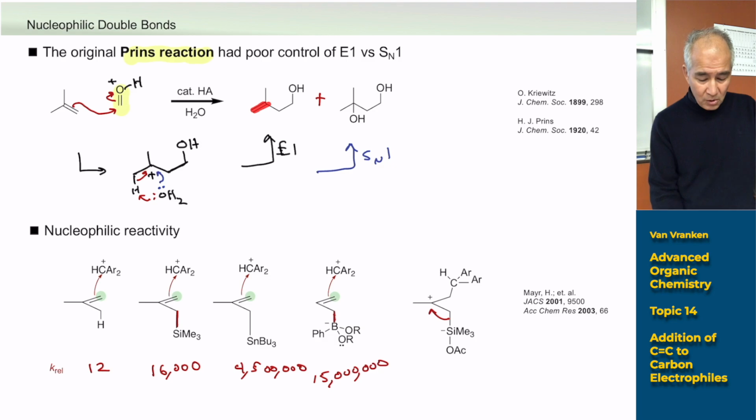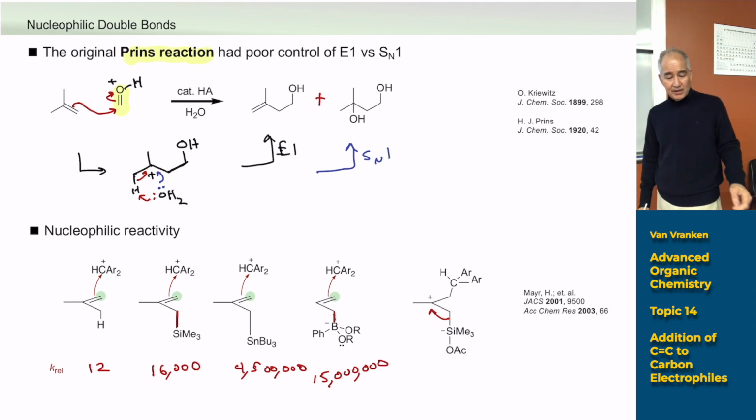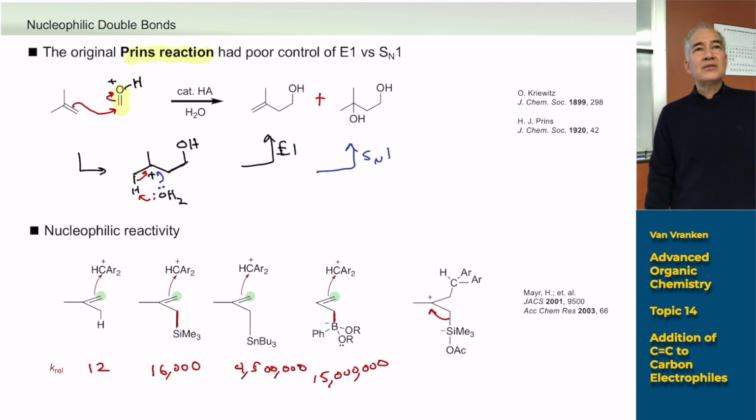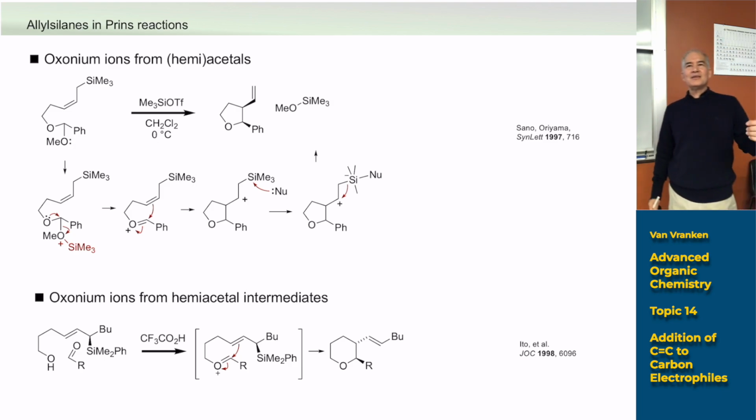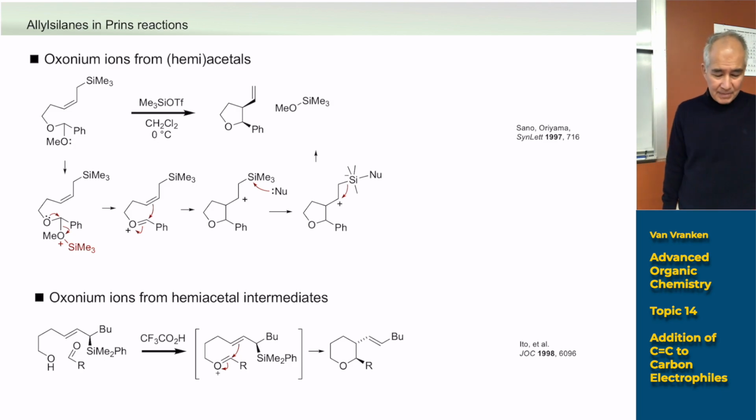So you get control over where the double bond ends up. And you don't get this annoying addition to the carbenium ion. So real advantages to using allylsilanes, allylstannanes, allylboronates when you want to add electrophiles. And the electrophile we want to add is carbon electrophiles because we're organic chemists. We want to make CC bonds.